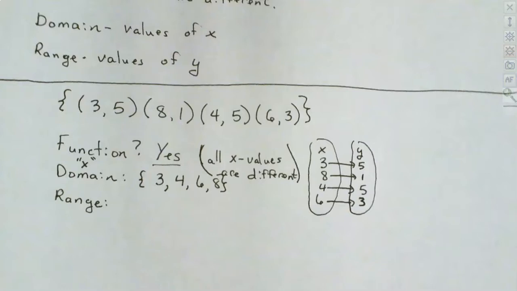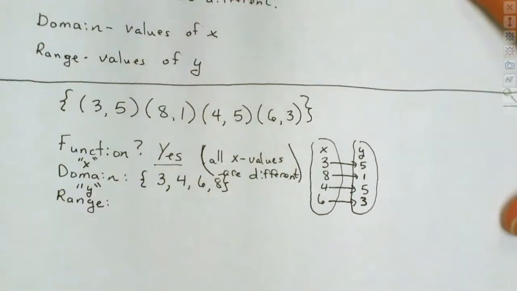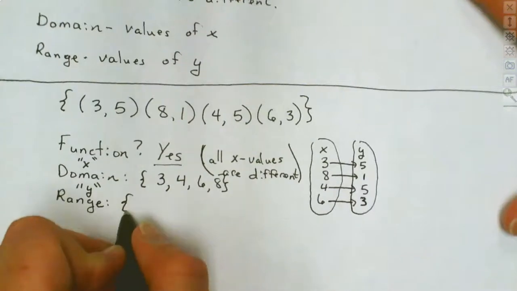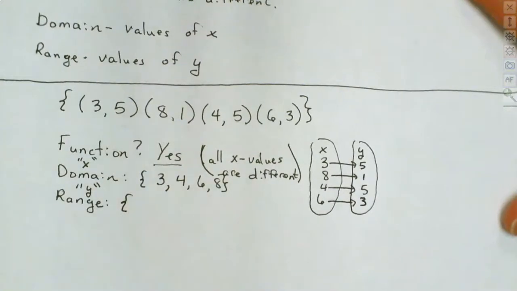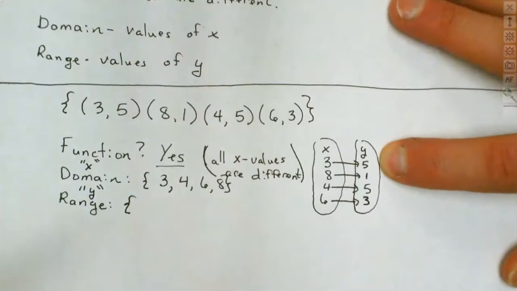Domain is values of x. Range is values of y. So what would the range be? Now for the range, we write duplicated values only one time. So looking at the y values, that's this column over here, what do we have?